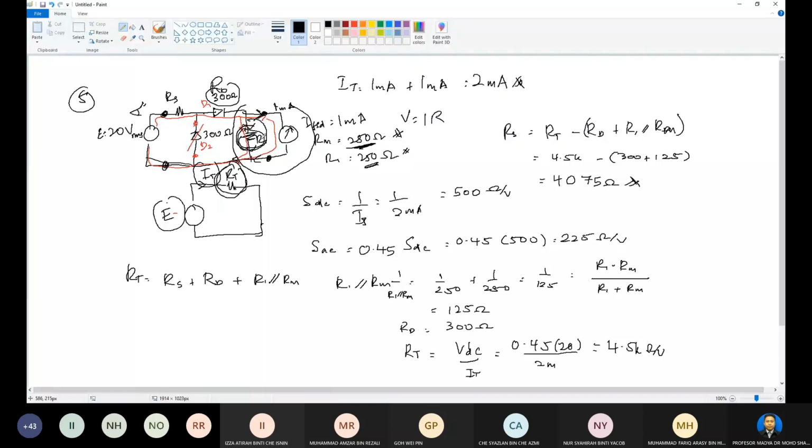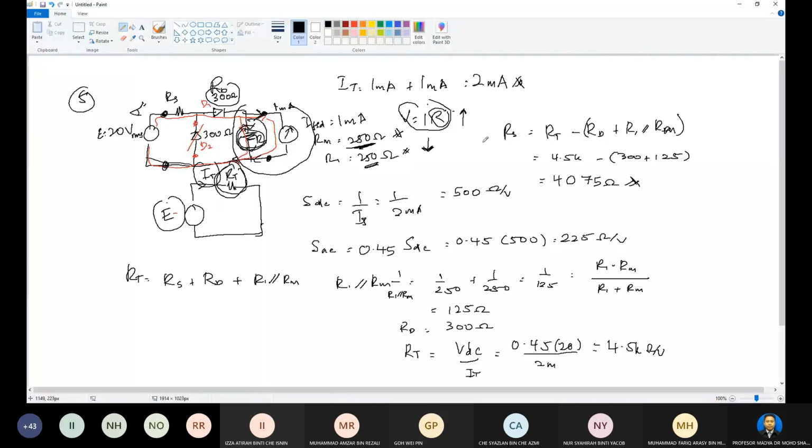So from this equation, you can know that when we increase the value of this resistor, the current will be reduced. When we increase the current, the resistor will be reduced.